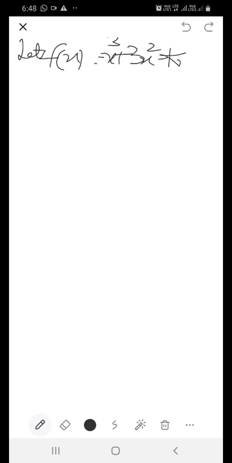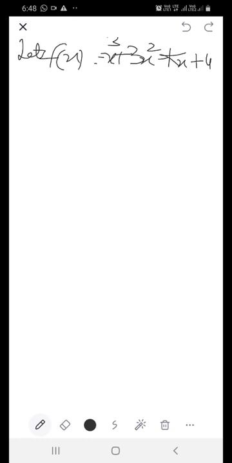Now suppose the algebraic expression is x cube plus 3x square minus kx plus 4, and it is divided by x minus 2. Again you are going to give a name to the algebraic expression. Let f(x) is equal to x cube plus 3x square minus kx plus 4.